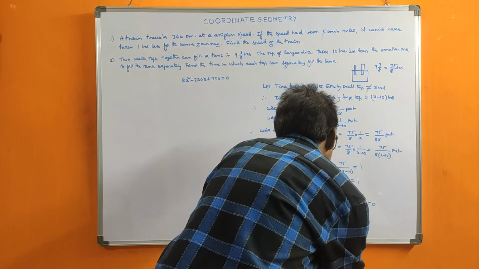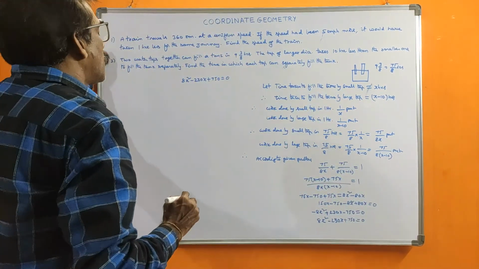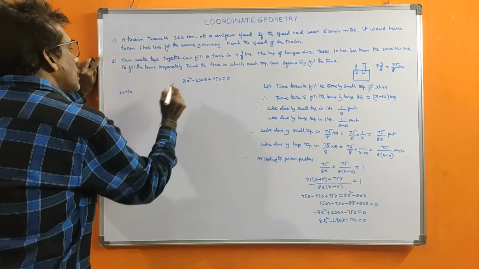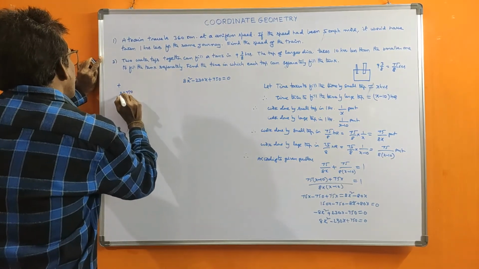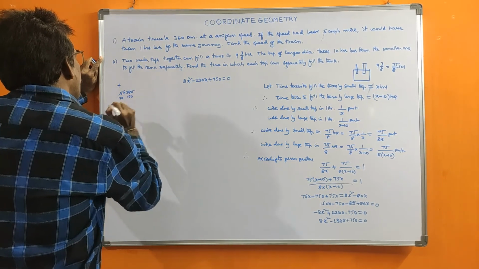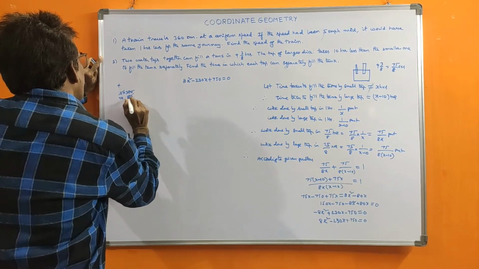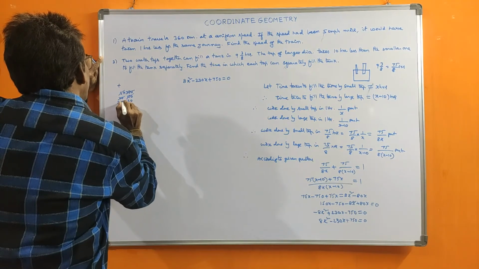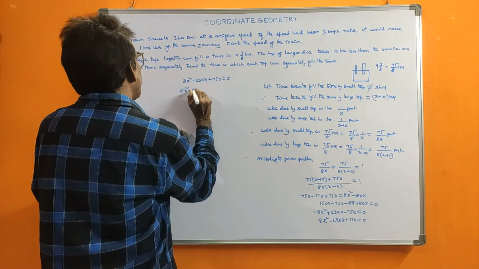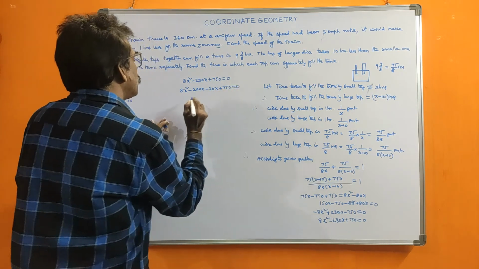Now 8 into 750 by multiplying, and adding should get 230. Splitting, 8x squared minus 200x minus 30x plus 750 is equal to 0.